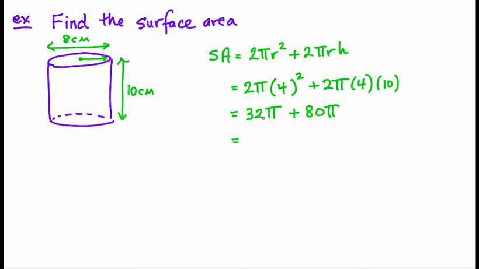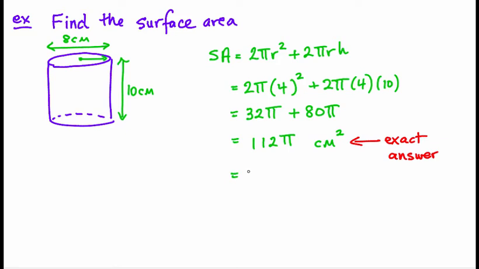So 80 times pi and 32 times pi, and you can actually just add those up. So 80 pi's and 32 pi's is quite a few pi's. Let's see, 112 pi's. And since this is centimeters, and surface area is always just like area in square units, you can write in the units afterwards, and you have an exact answer.